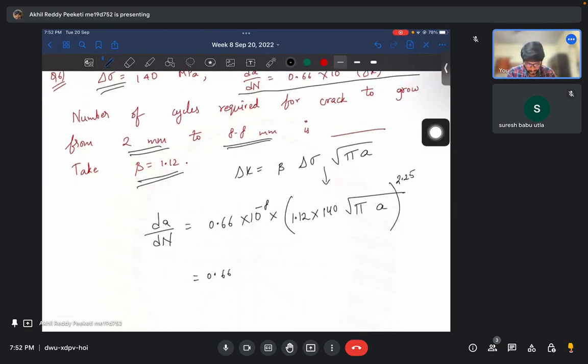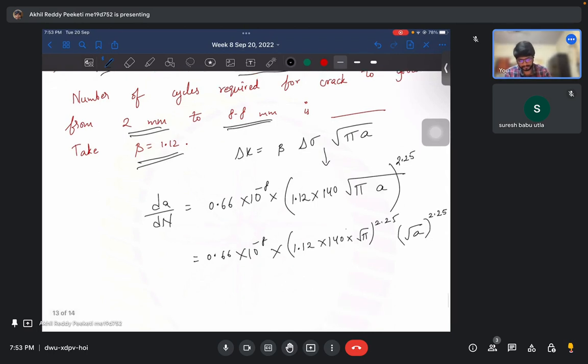So 10 power minus 8 into 1.12 into 140 into root pi, whole power 2.25, and square root a power 2.25. This is dA by dN.